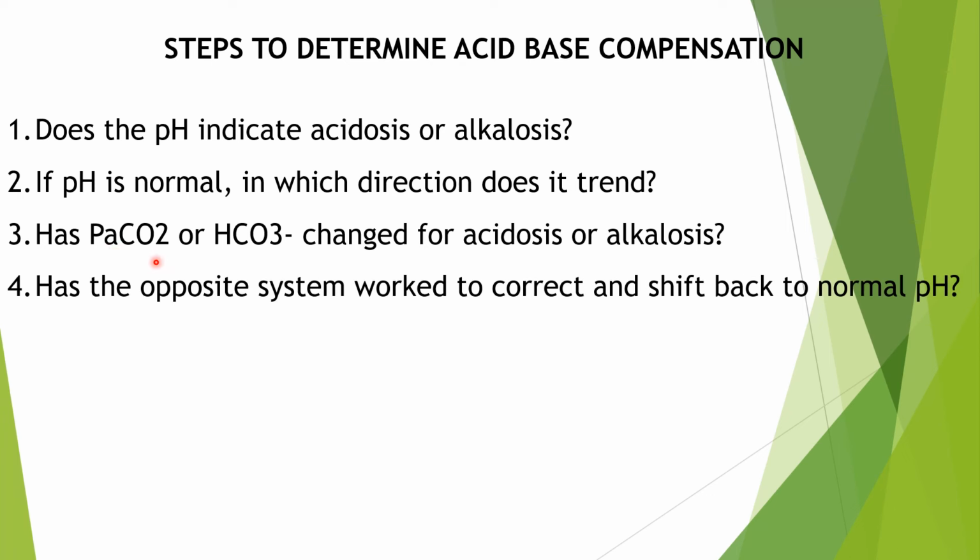And the fourth point you need to consider is, has the opposite system, that is the bicarbonate system, worked to correct and shift back to the normal pH? Of course, its value became alkalosis. That means the opposite system has worked so that pH was trying to get normal. So this is how you need to determine how acid-base compensation is happening or not.